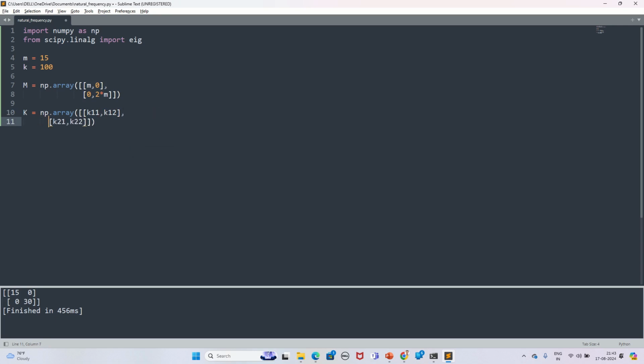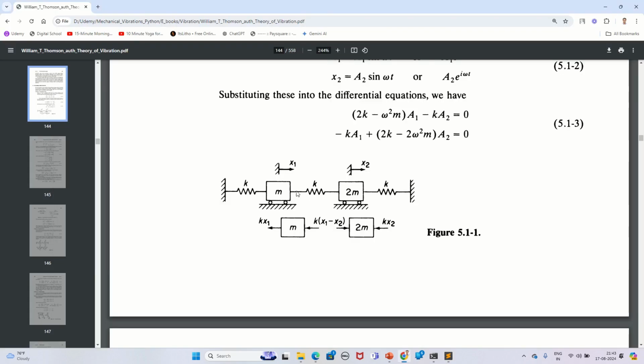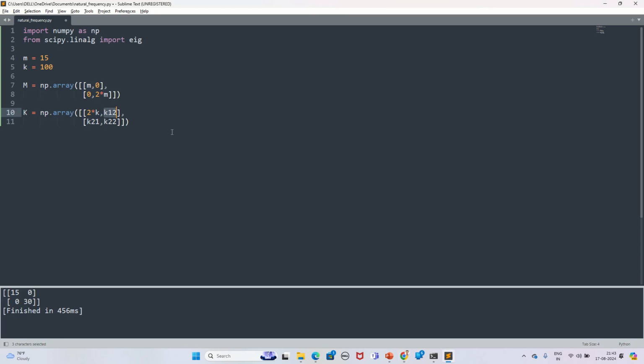I will put it in the second row so that it is easy to understand. K11 is the stiffness of the springs connected to mass 1, those are K1 plus K2, that is 2 into K. Then K12 means the stiffness of the spring connected to mass 1 as well as mass 2. There is only one spring between mass 1 and mass 2, the middle spring, and it comes with a negative sign.